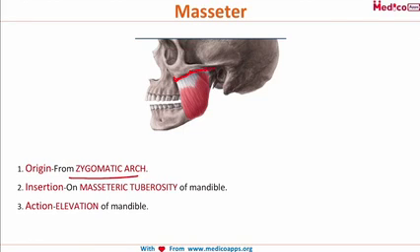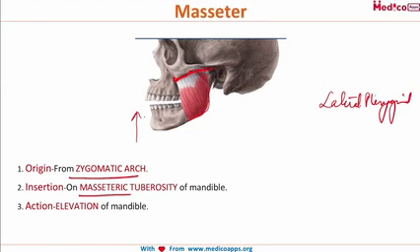The insertion is on the masseteric tuberosity of the mandible. The action is elevation of the mandible. The only muscle responsible for the depression of the mandible is the lateral pterygoid. All the rest of the muscles are responsible for the elevation of the mandible.